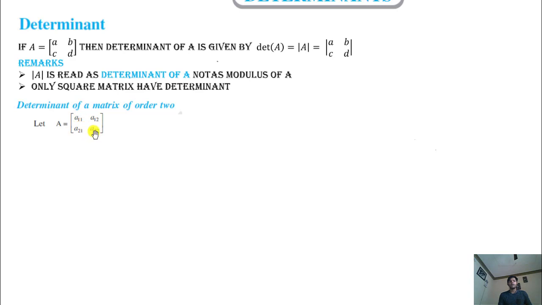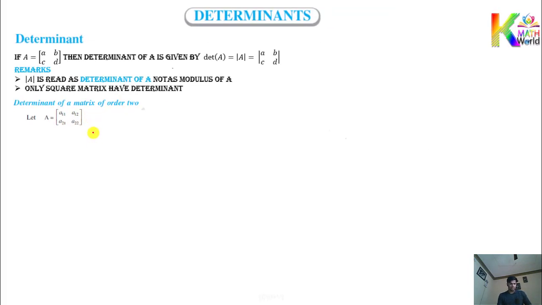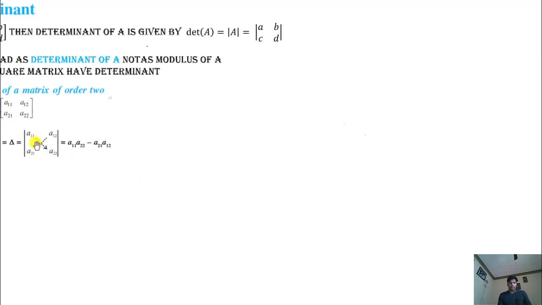So determinant of A equals the product of these two minus the product of these two: E11 into E22 minus E12 into E21.